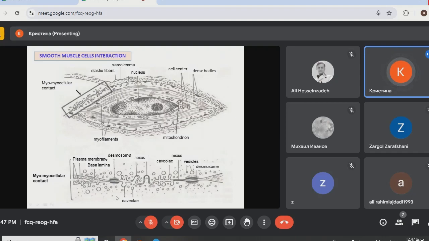This complex of junctions includes desmosomes and nexuses. Desmosomes are for mechanical attachment of cells together, and nexuses, gap junctions, are to transmit impulse and small ions from the cytoplasm of one cell to the second one, to allow them to contract together.